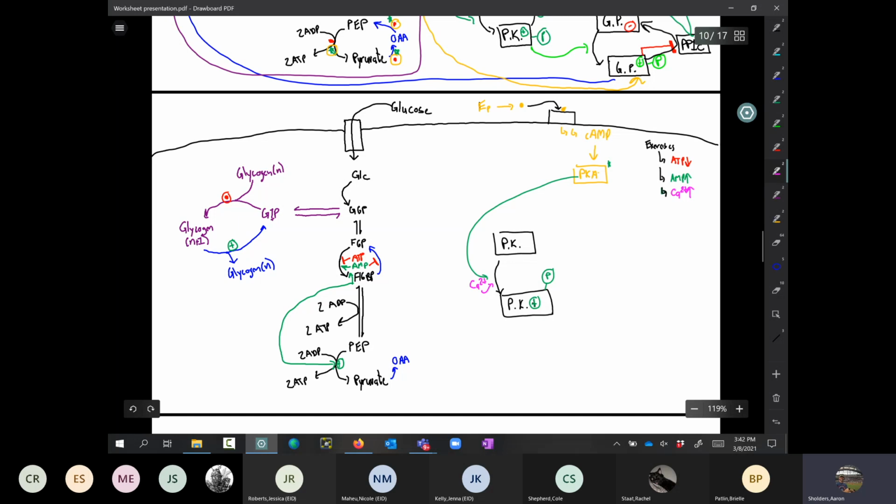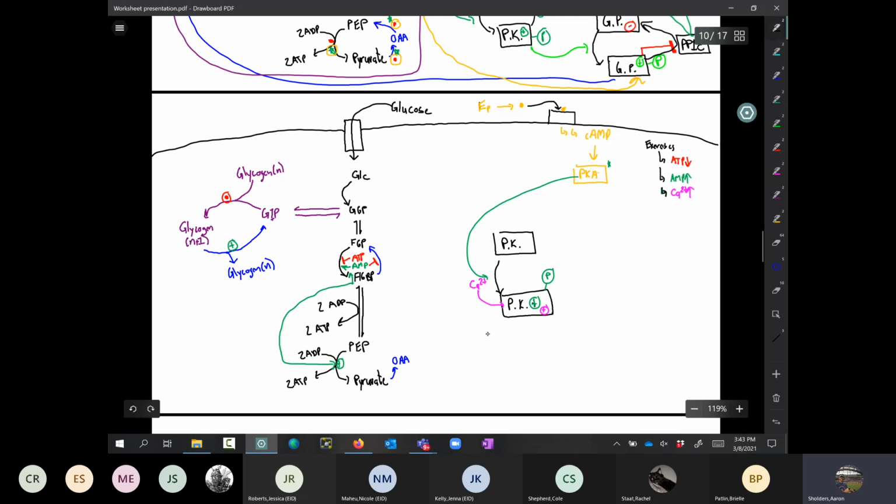Well, the way I just drew it is not really great. Let me remove that arrow, because that implies that it can activate phosphorylation of PK. That's not really true. It will bind to PK and additionally activate it, so I'll put a little pink plus there to indicate that.